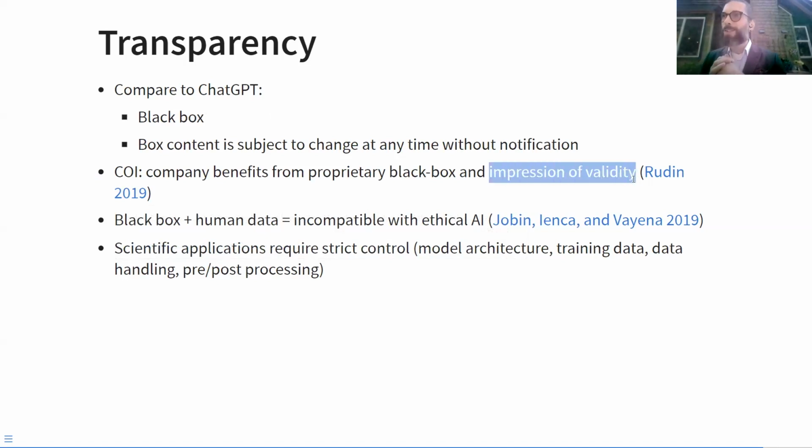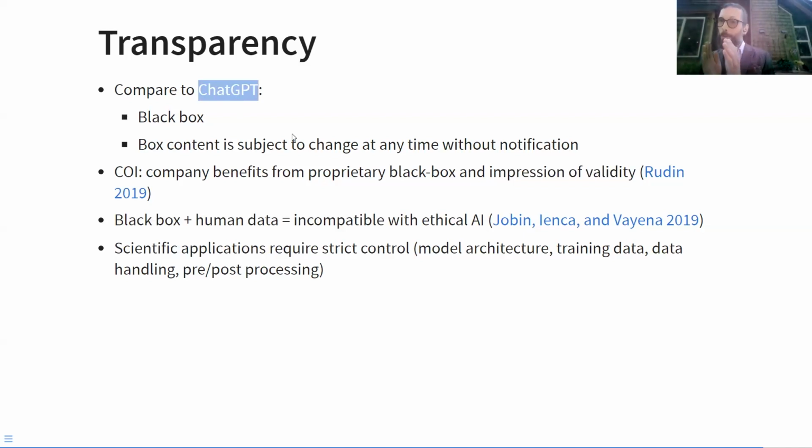So I don't think it's incumbent on us as scientists to go out there and validate that tools like ChatGPT are valid for research. I think it's incumbent upon us to build fit for purpose tools that can be used by anyone for scientific purposes. Moreover, if you use black box algorithms with human data, that becomes incompatible with the principles of ethical AI.